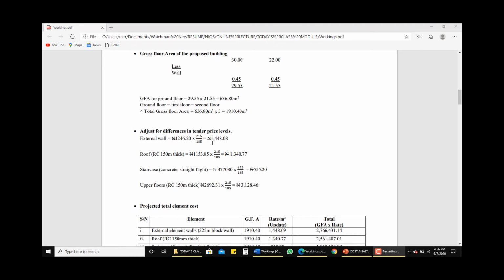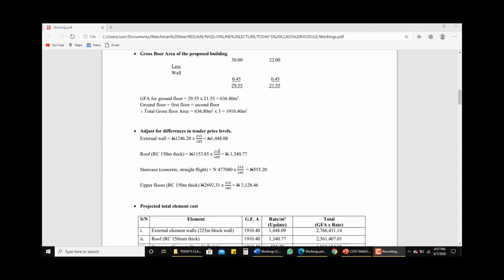So the same thing is applicable to the roof here. We have the cost per square meter, and also the projected index at the date of tender for the new structure, which is 215, and the building cost index for the existing structure, which is 185.